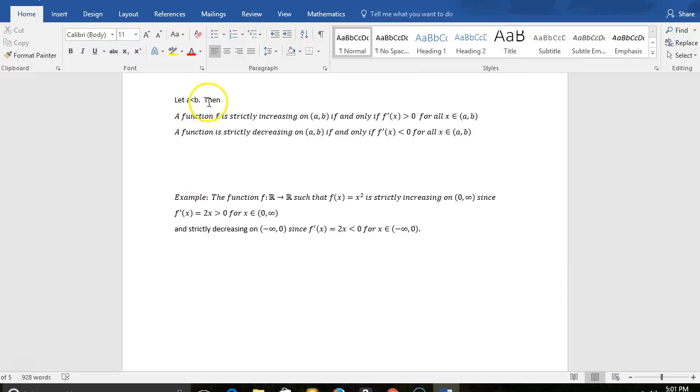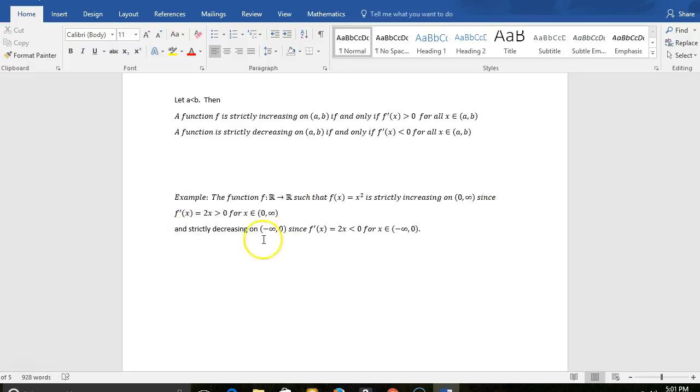Let a be less than b, then we say a function is strictly increasing. I did this before, and strictly decreasing, I've already defined that up there. We already know our old buddy the parabola is strictly increasing on the open interval 0 to infinity.